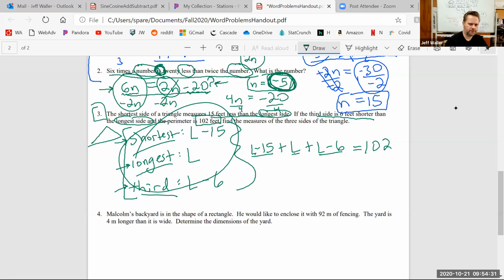L plus L plus L is 3L. What's negative 15 minus 6? Negative 21. Minus 21, I like it. And then hopefully by now you see an equation like this and you're like, all right, so I'm just going to add 21, get my numbers together.